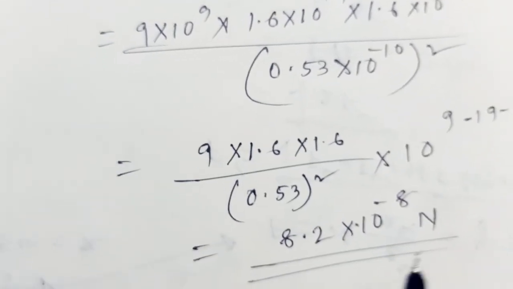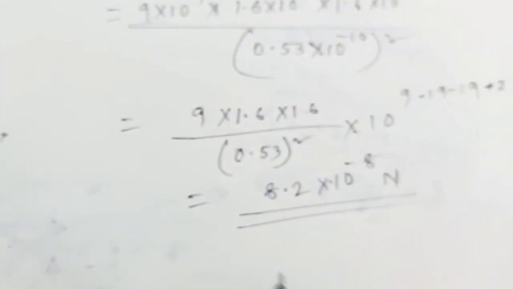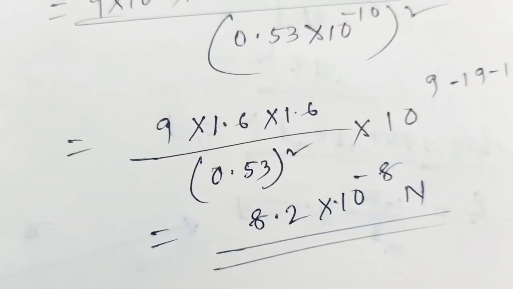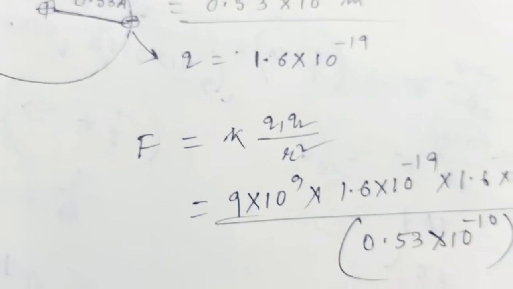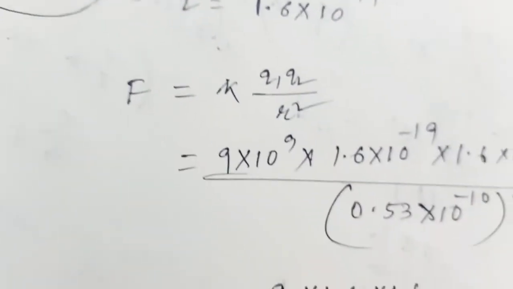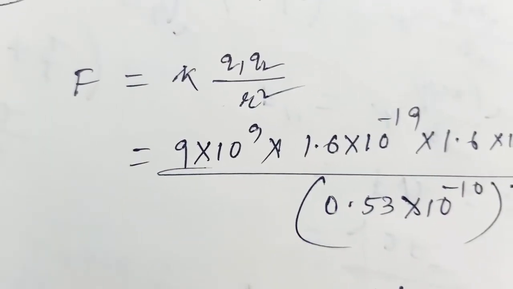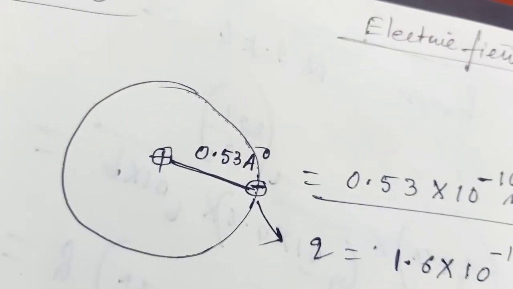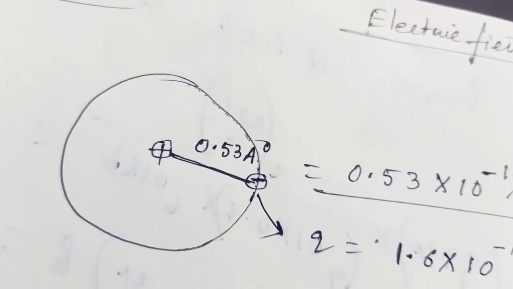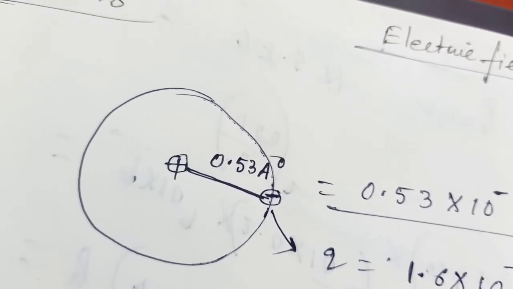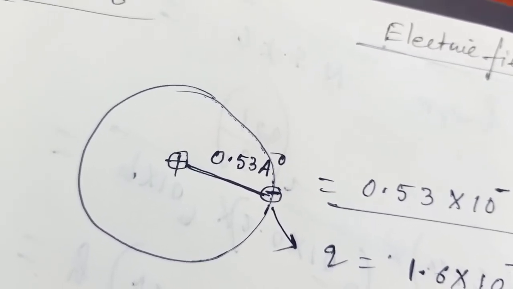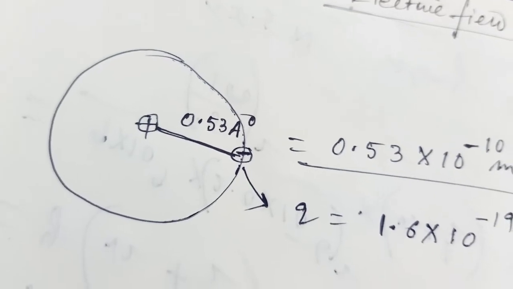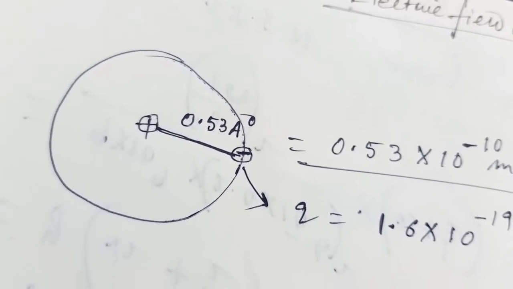So this is the answer, 8.2 into 10 to the minus 8 Newton, and I think it is the base level numerical, and that is Coulomb's law, F equal to K Q1 Q2 by R square. So for clearing the numericals, you have to take the assumption that positive and negative charges are equal in magnitude in the sense of charge.